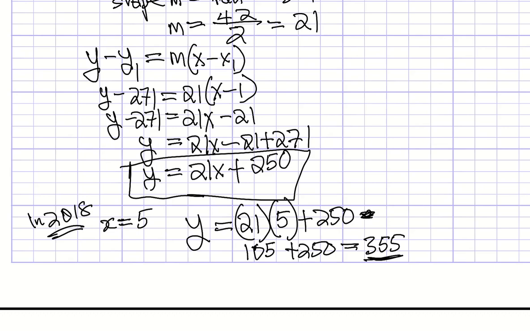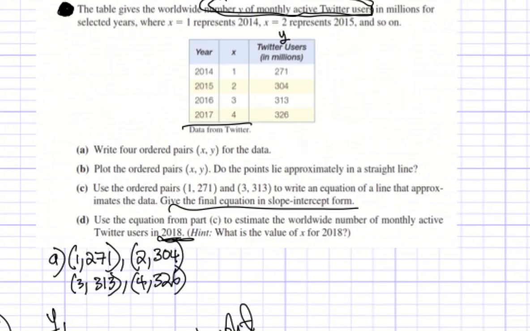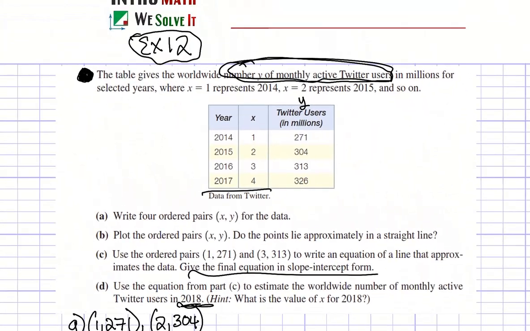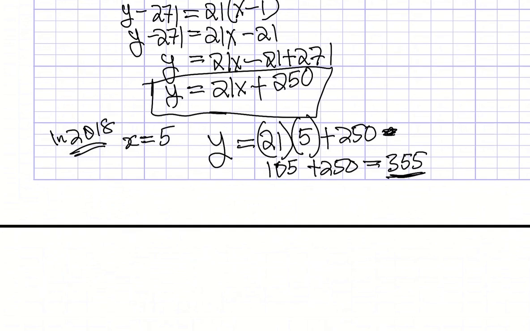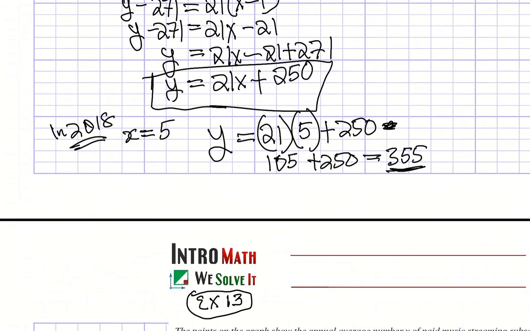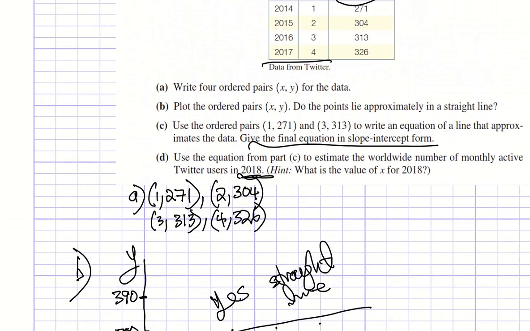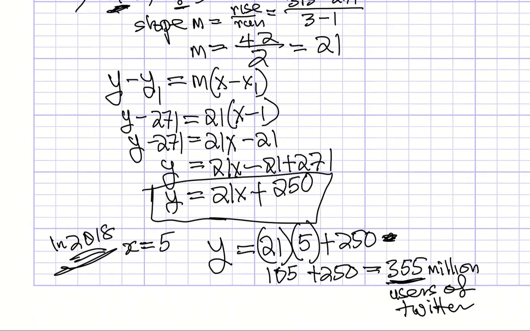So the users that year is 355. Actually, you know it's in millions, right? 355 million users of Twitter in that year, 2018, and then we're done with that. We'll leave it alone.